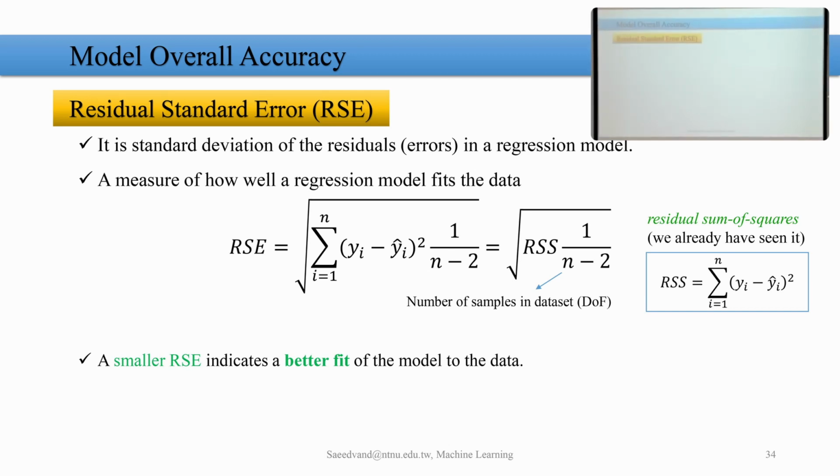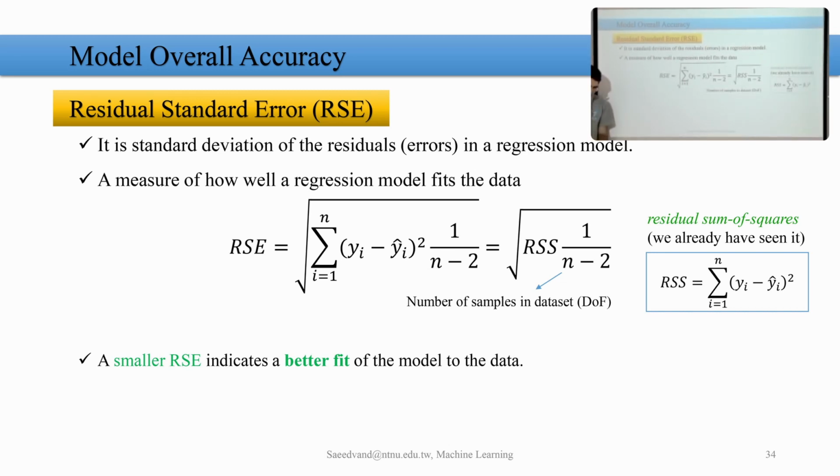So let's start with residual standard error, RSE. It is actually the standard deviation of the residuals. Residuals can also be called errors. It is trying to show the amount of error that we have, and shows how well the regression model fits the data.